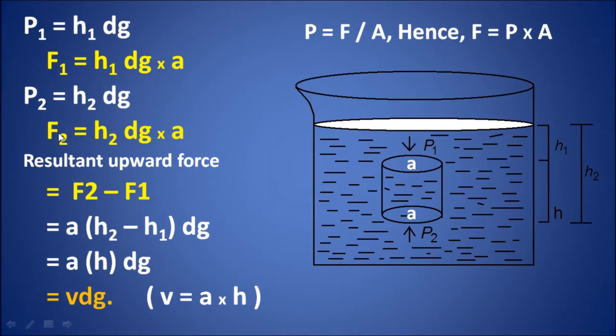So the force acting on the lower surface is pressure into area, that is h2 dg into A. Now we have got the force acting on the upper surface area and the force acting on the lower surface area.